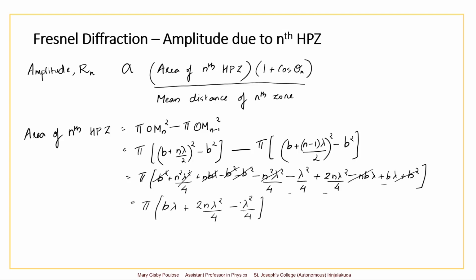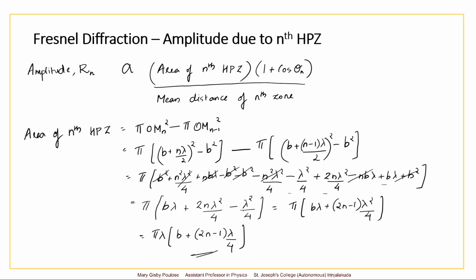We can rewrite it as pi into b lambda plus 2n minus 1 lambda square by 4. Again, we can take out the lambda term and hence we get pi lambda into b plus 2n minus 1 lambda by 4.